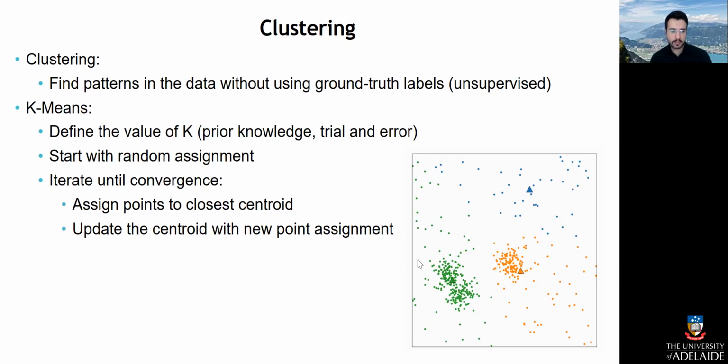Now, how k-means does it is that it iteratively starts with random assigning of the centroids. The centroid is basically the mean of all the points that have the same label. So you randomly assign points into clusters, and then from the points in the same cluster, you calculate the centroid. You start with an initial random initialization, but then you find the closest points to the centroid and assign them to the same class.